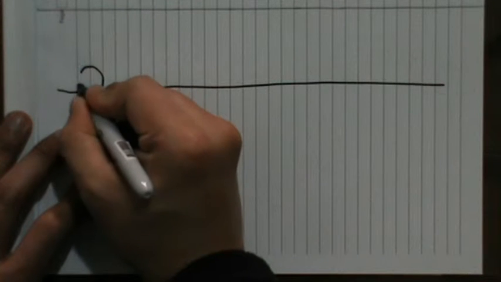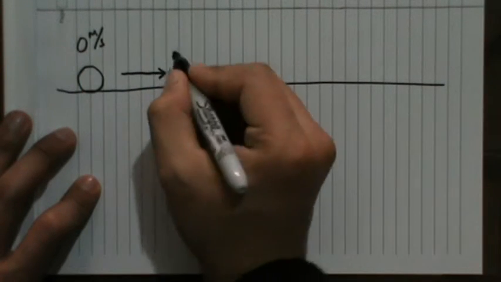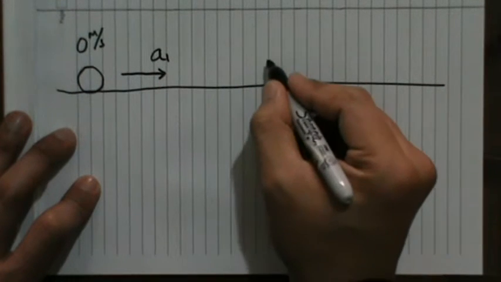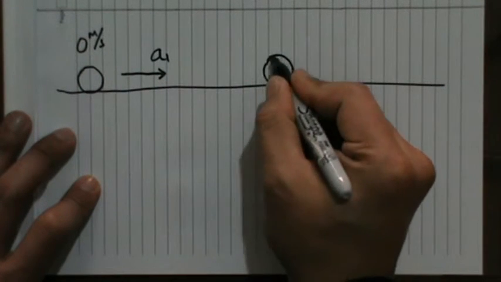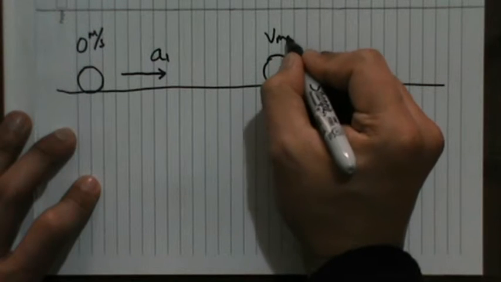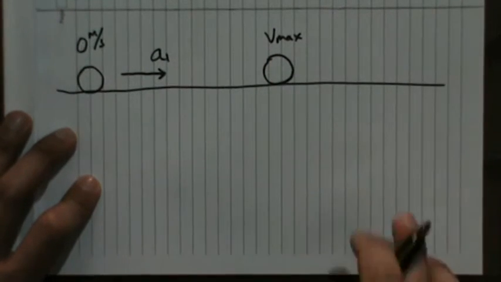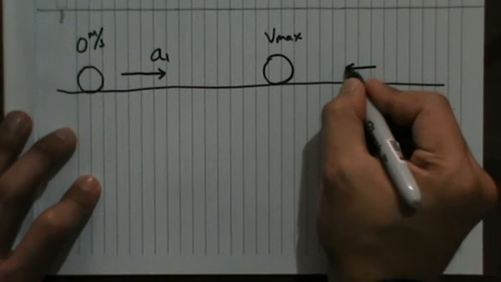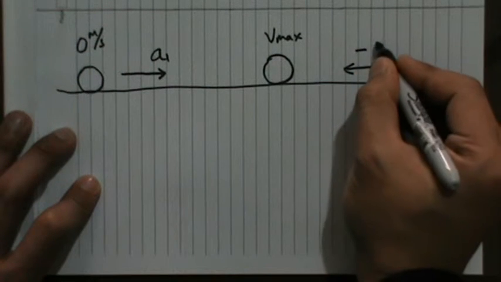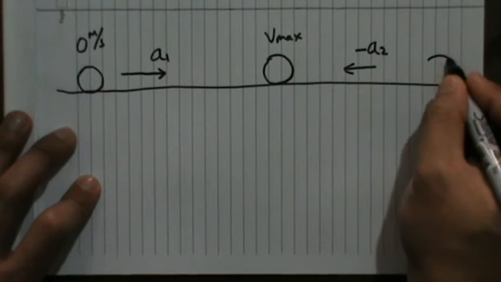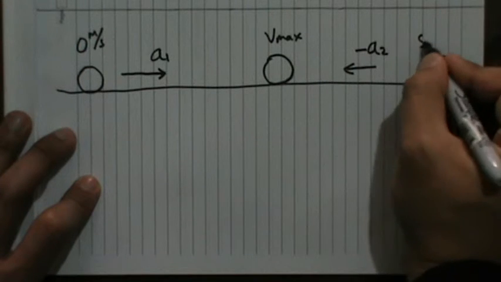So here we have an object that starts from rest, meaning that the initial speed is 0, and it accelerates a1 until it gets a maximum speed, let's say it's Vmax, and then it decelerates, let's say minus a2 until it stops.